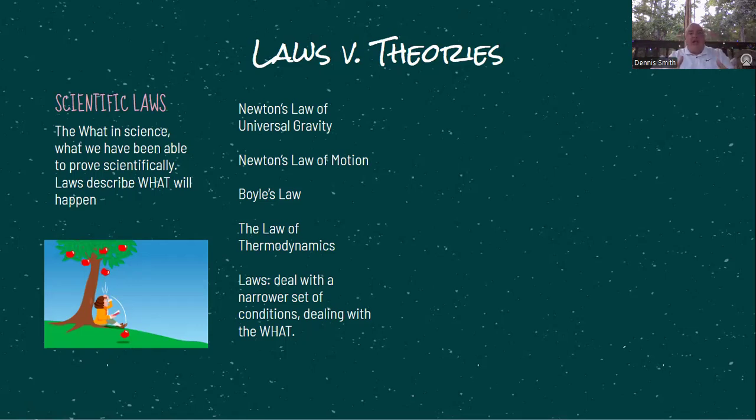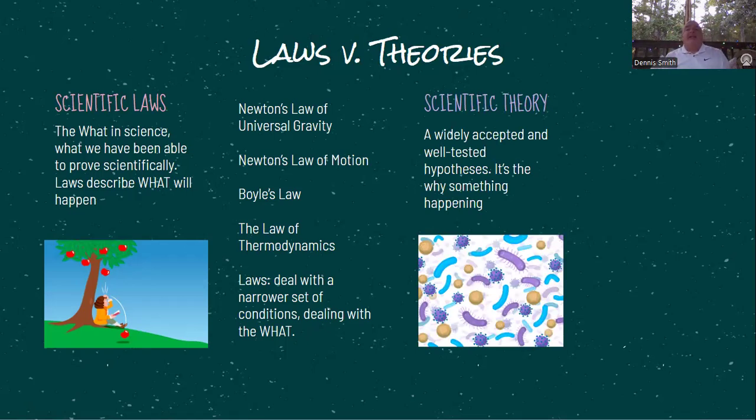Okay? It's what is going to occur, not why it's occurring. It's what will occur. An apple becomes loose from the branch, it's going to fall. That's the law. The law states that anything loose is going to be pulled down to the center of the earth, or at least to the surface of the earth, because the gravitational pull is pulling from the center of the earth to pull it down.